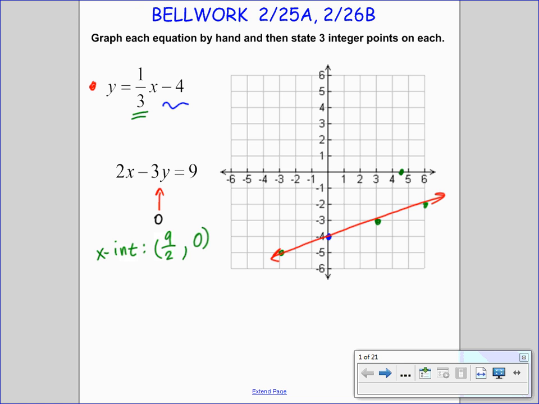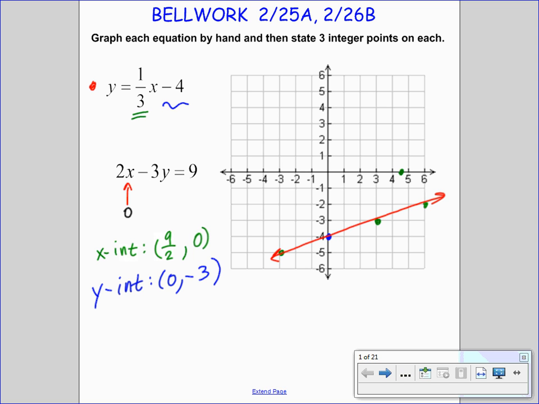Next, I'll go ahead and find my y-intercept. So my y-intercept is easily gained by doing the reverse. I'll plug in 0 for x and solve for y. The x term drops out after substitution of 0, and I have to solve the baby equation, -3y equals 9. Dividing both sides by -3 yields y equals -3. So it looks like my y-intercept is going to be 0, comma, -3.